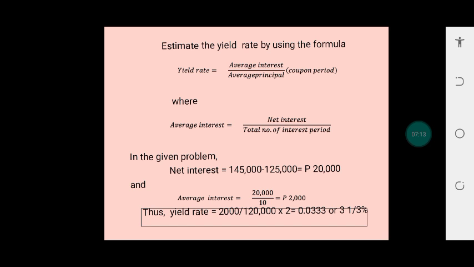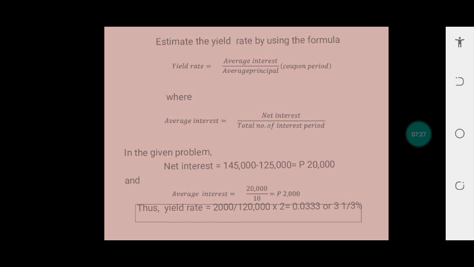So the yield rate is equal to 2,000 over 120,000 times 2, which is equal to 0.033, or 3 and 1/3 percent. Proceed.